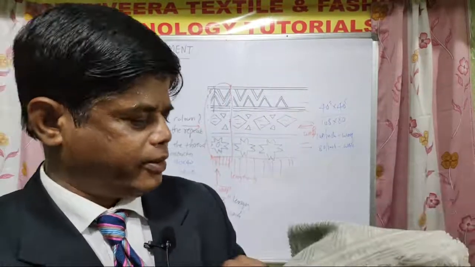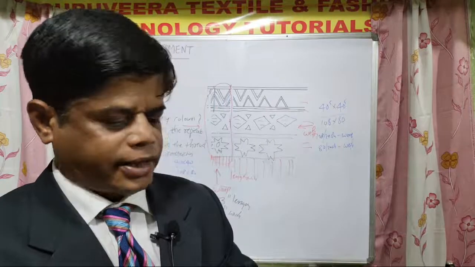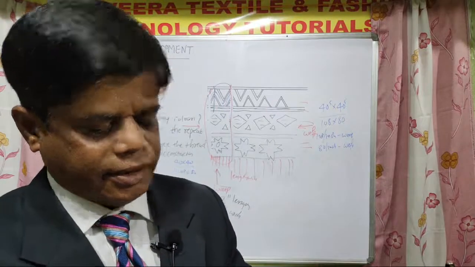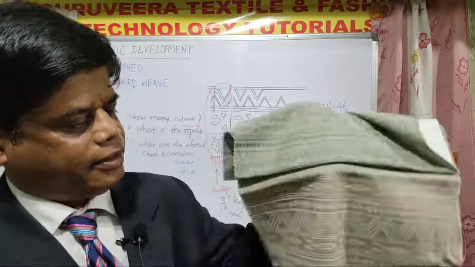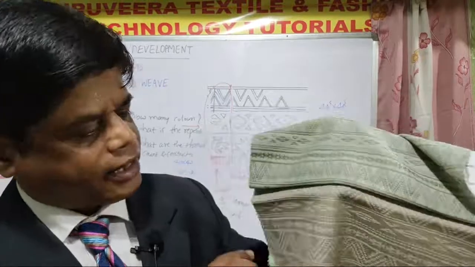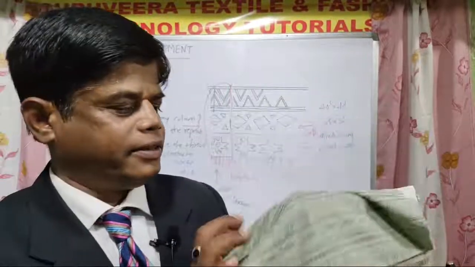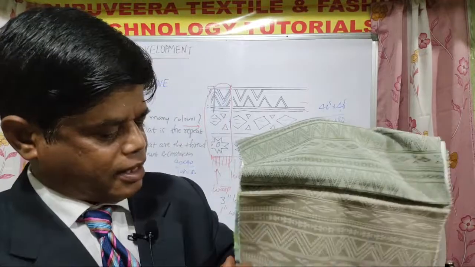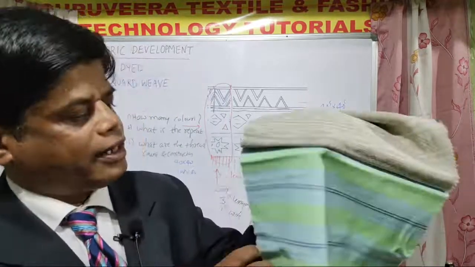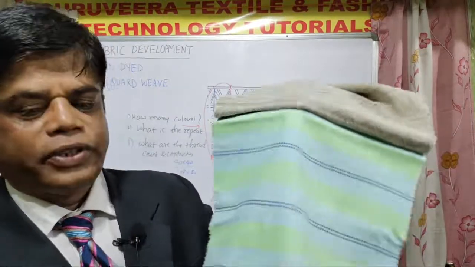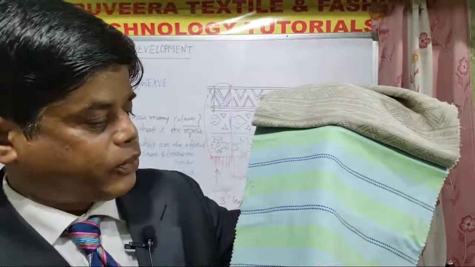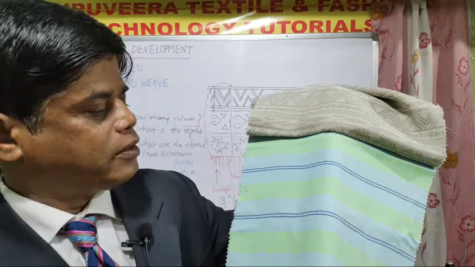Only 2 colors I have, 3 colors also there. See, khaki and white, green and white, and here neon colors are there. Here colors are more. Neon yellow, green yellow, blue, light blue, dark blue. So it is very good.